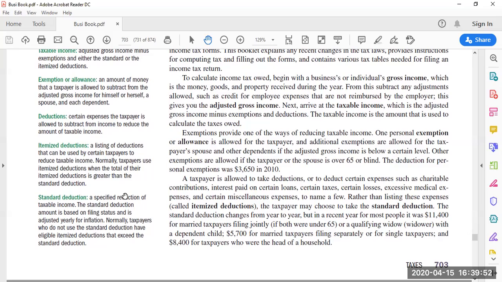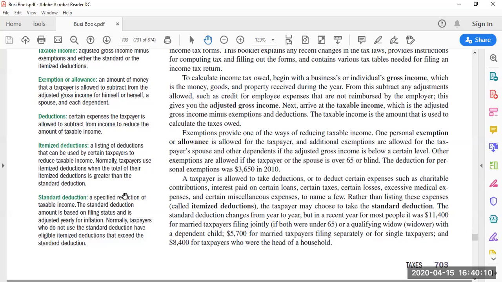But nonetheless, there are certain deductions that can be used by taxpayers to reduce taxable income. The list used to be very long, and then it's been getting trimmed down. And as I said, it might be working its way out.